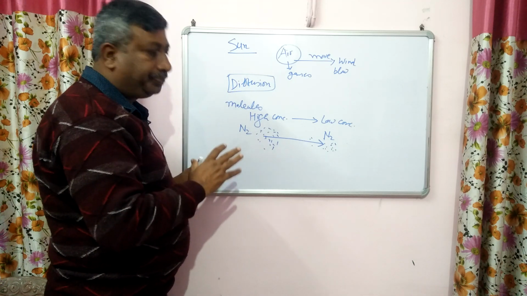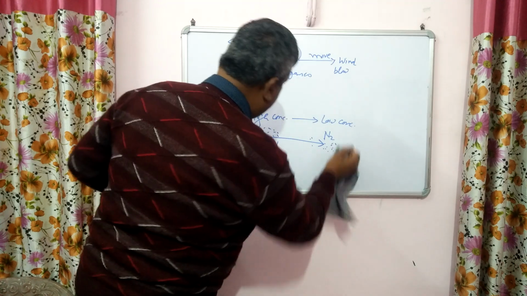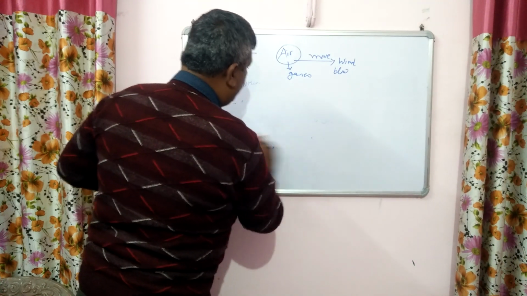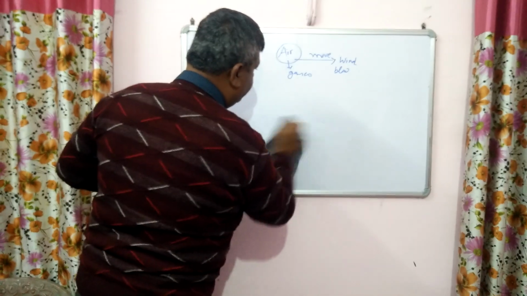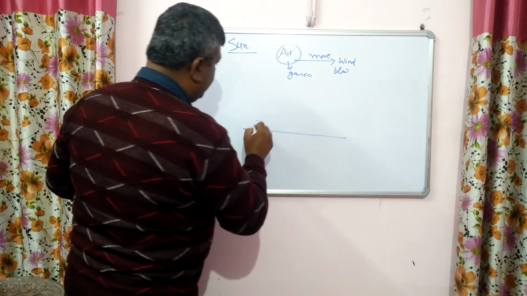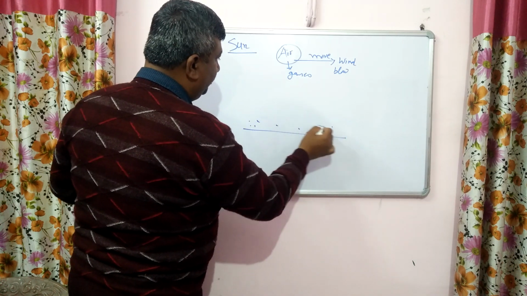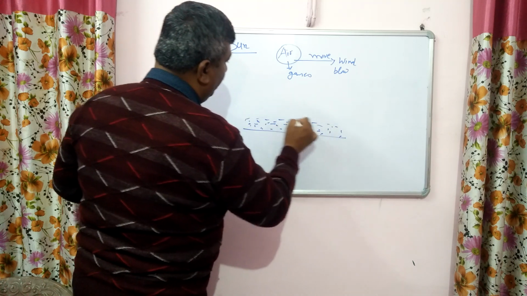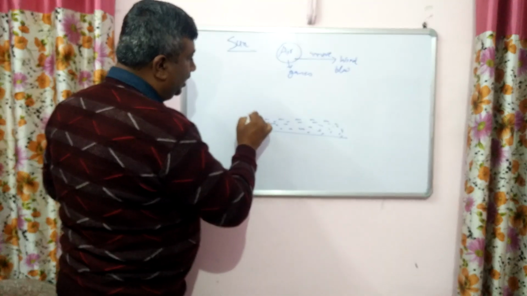We will discuss. In normal conditions, if we talk about the earth surface, air molecules are present. Suppose this is the earth surface, we are on the earth, on land or in a field, and these are the air molecules.